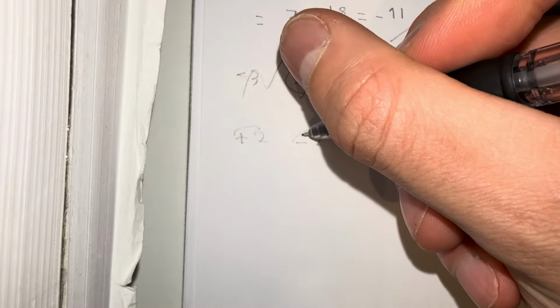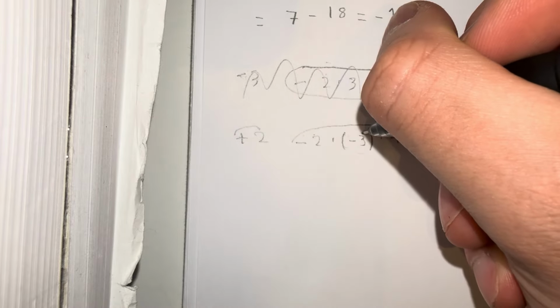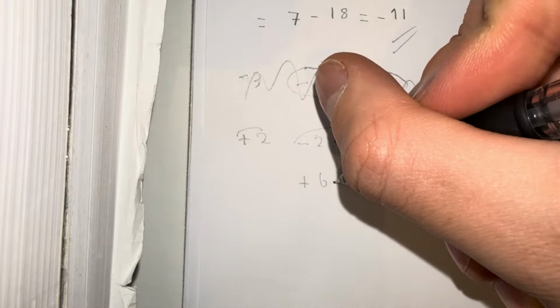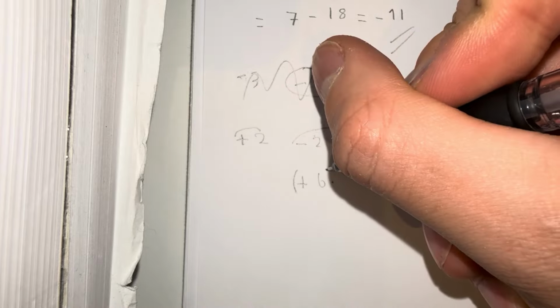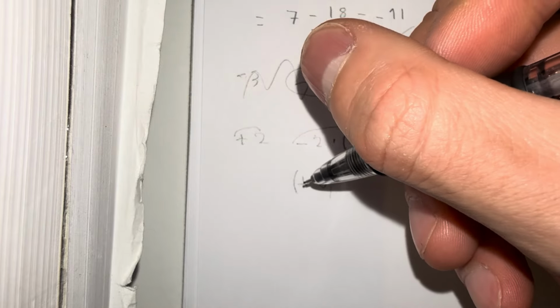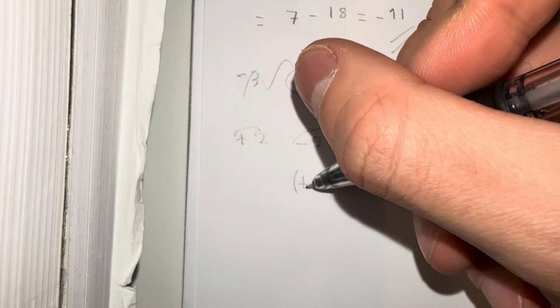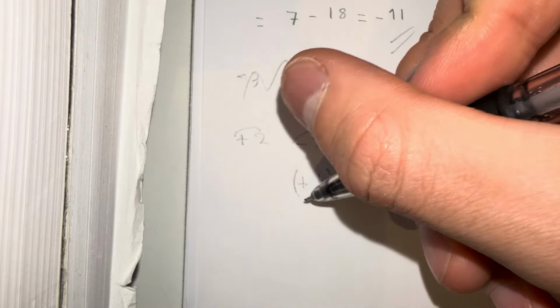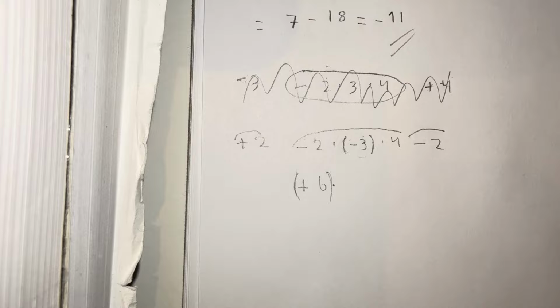So let's do -2 times -3, that's +6. We might as well put on parentheses. It's customary not to write the plus, but it isn't wrong to do so either. But if you're gonna do it, you should better add some parentheses around here. Oftentimes it's a good idea to add more parentheses than too few.